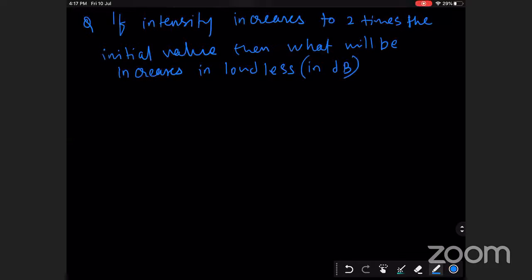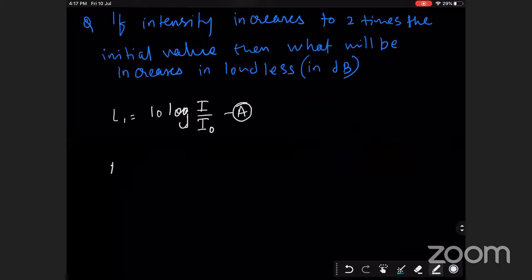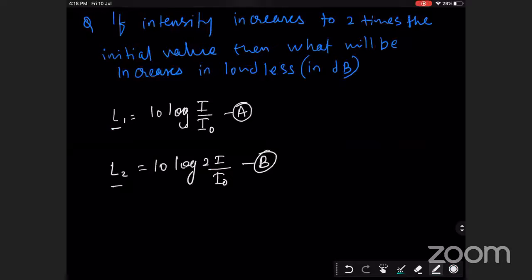Intensity दोगुनी कर दी. So case 1, when loudness is L1, 10 log I upon I naught. Okay, this is equation A. Case 2, now loudness is L2, 10 log 2 I upon I naught. Do you agree, बच्चों? This is case 1, this is case 2. Yes.